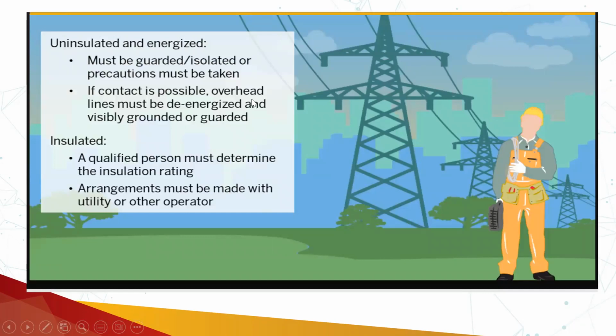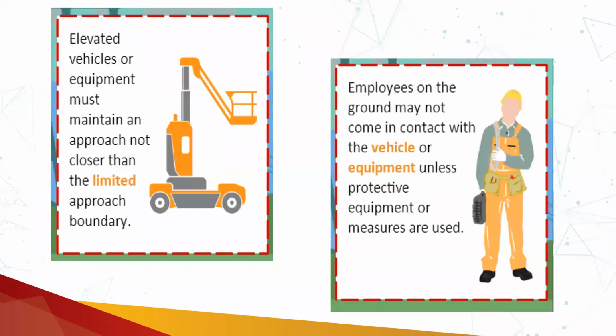If contact is possible, the overhead line must be de-energized and visibly grounded. A qualified person must determine the insulating rating. Arrangements must be made with the utility or other operator when you are performing some task near overhead lines. Elevated vehicles or equipment must maintain an approach not closer than the limited approach boundary. Employees on the ground may not come in contact with the vehicles or equipment unless protective equipment or materials are used.